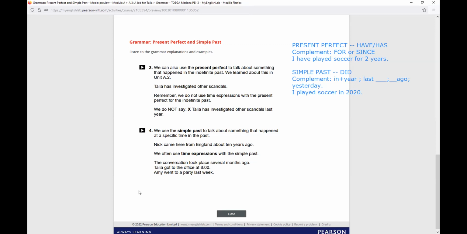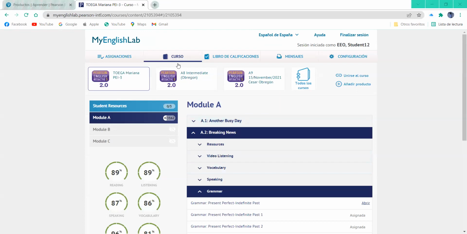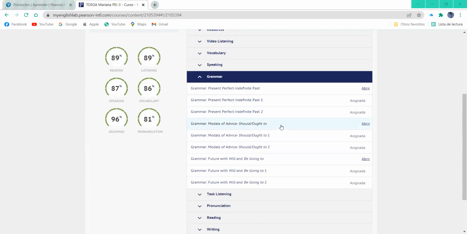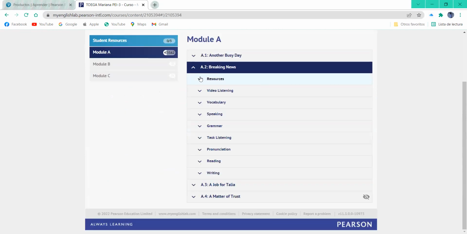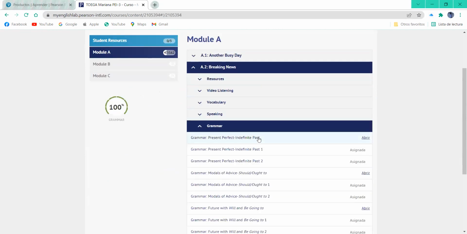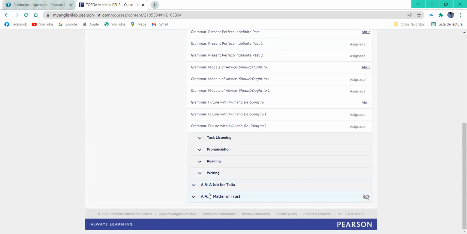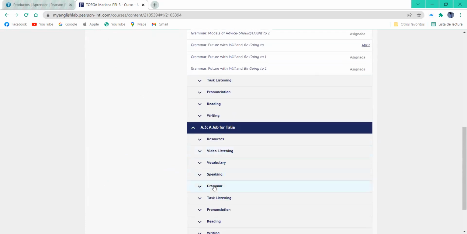So, let's go to the platform. Okay, let's go there. You can share me your screen. Sería la... La 3, Unit 3. Yes, Unit 3, Grammar.